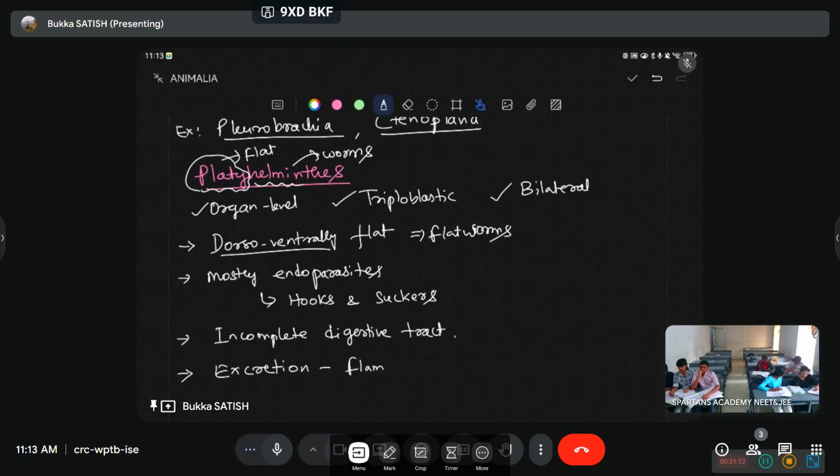Flame cells, right. Also called solenocytes, which are a kind of protonephridia.